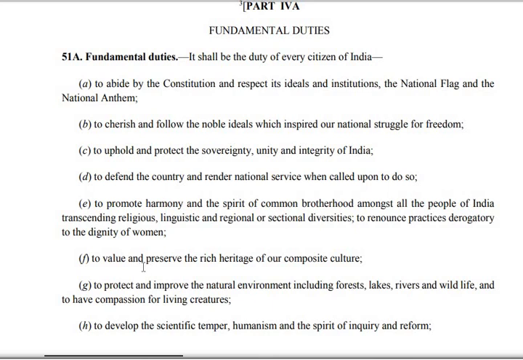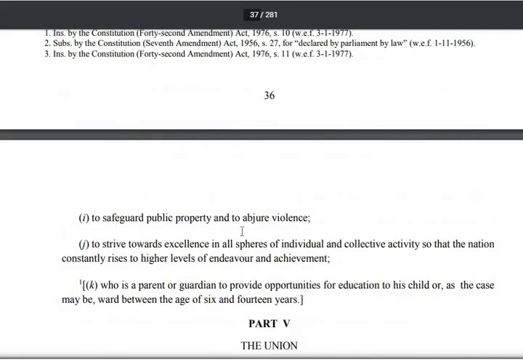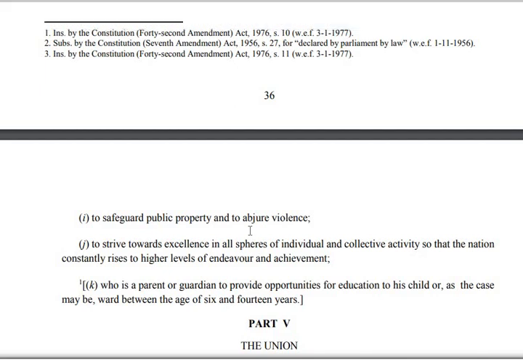So, to value and preserve the rich heritage of composite culture, to protect and improve the natural environment, including forests, lakes, rivers, and wildlife, and to have compassion for living creatures, to develop the scientific temper, humanism, and the spirit of inquiry and reform, to safeguard public property and to abjure violence, to strive towards excellence in all spheres of individual and collective activity so that the nation constantly rises to higher levels.